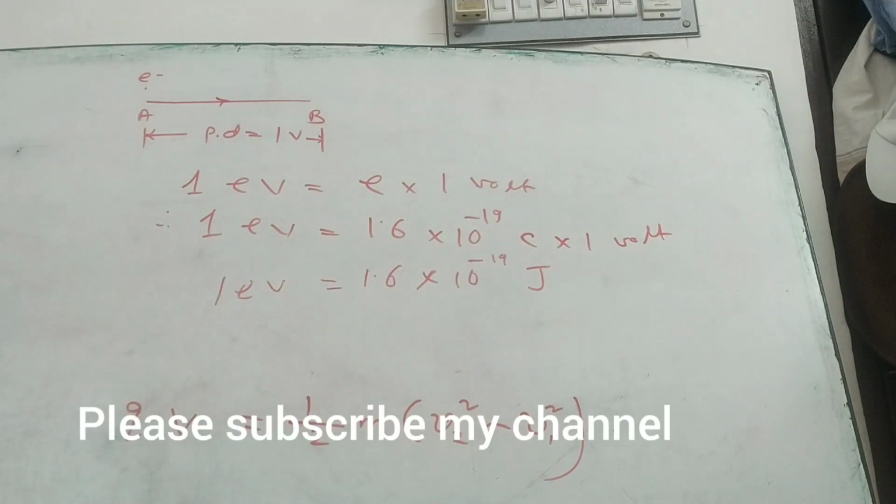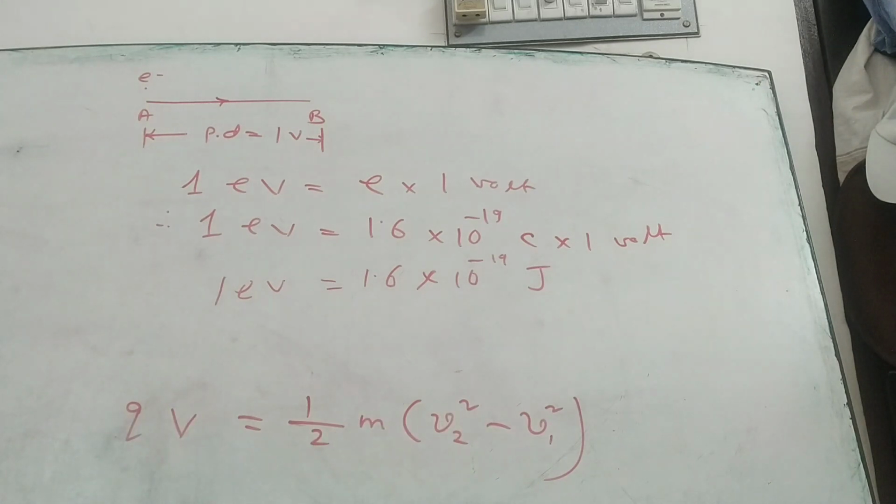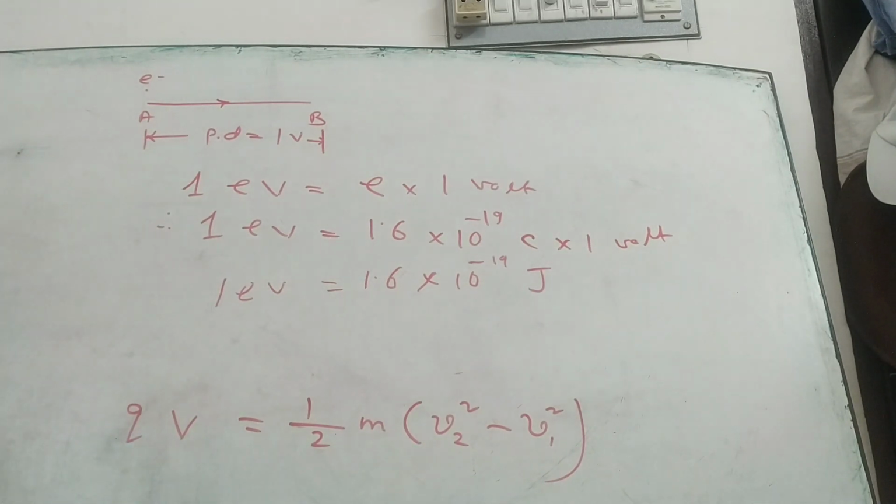This is the relation between joule and electron volt. And we also know that a mass can be changed into energy. Therefore, 1 AMU, that means 1 atomic mass unit, can also be written in electron volt.